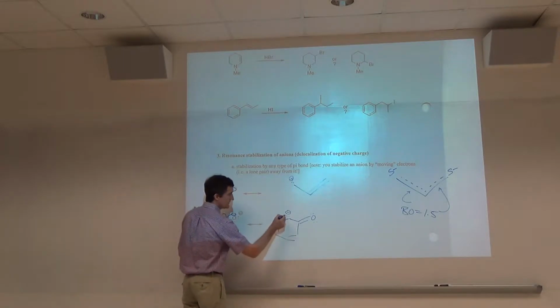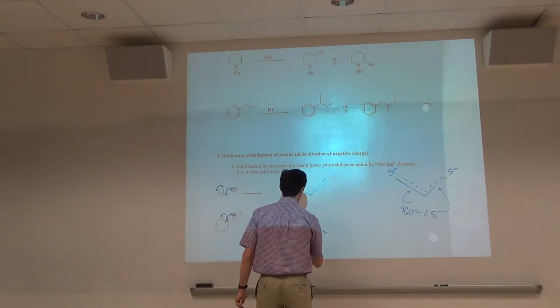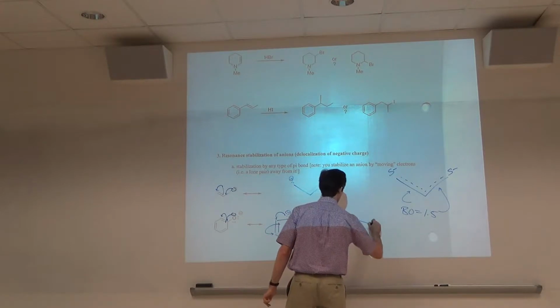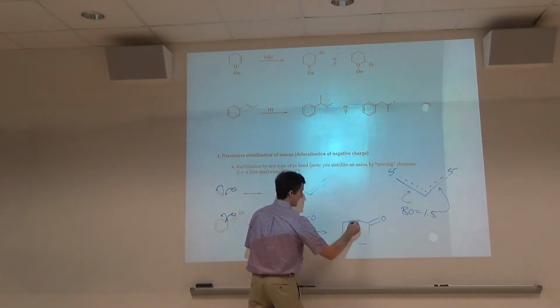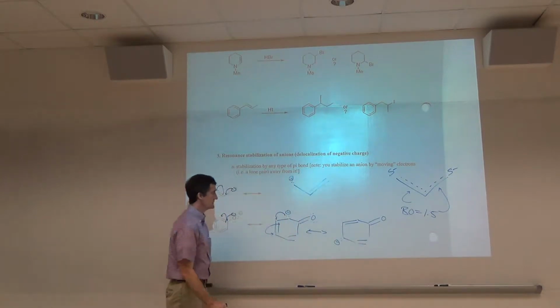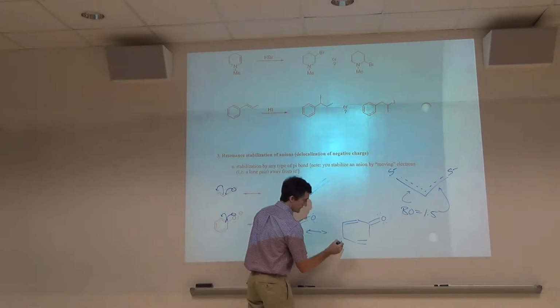We can keep going. These electrons in and these electrons out. So we made that pi bond, we moved them out here, and we didn't do anything there. Now we can keep going.